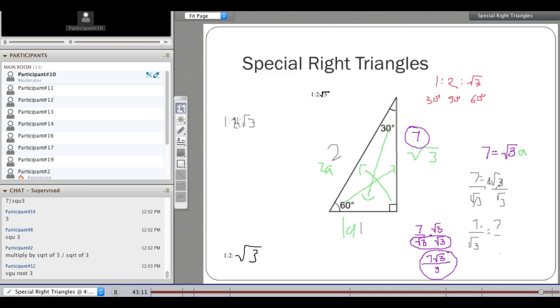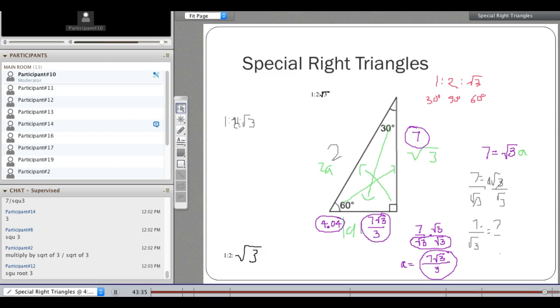So we just have 3 down there. So this would be A. Okay? So this side down here would be 7 square root of 3 over 3, or 4.04. Okay, so that's the decimal version and the fraction version.